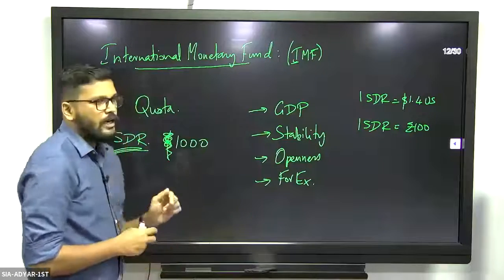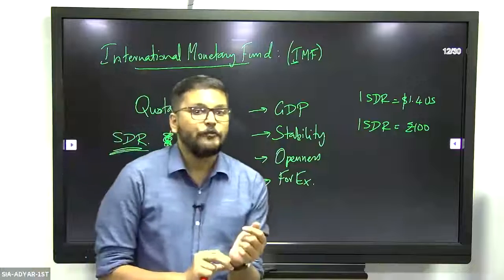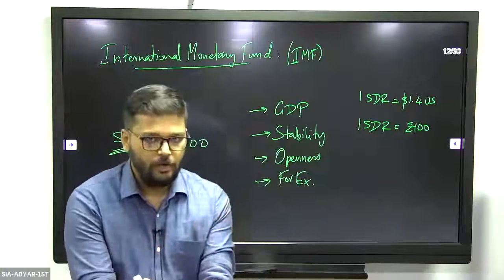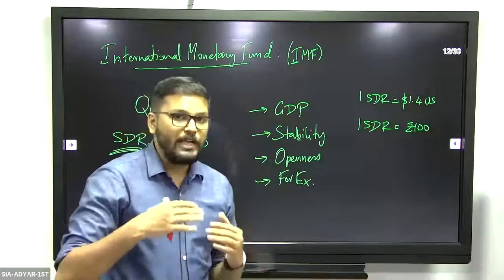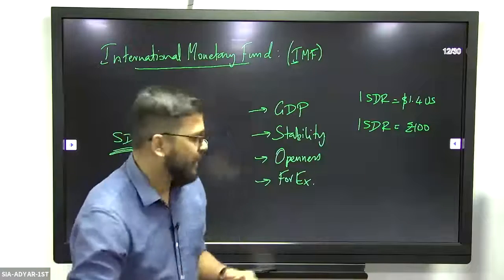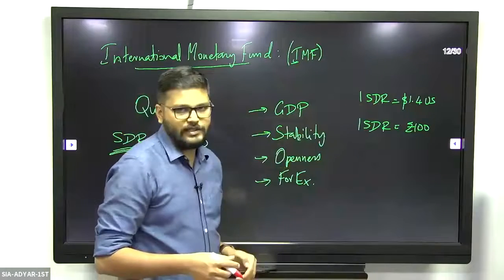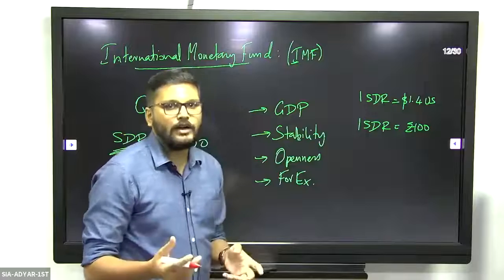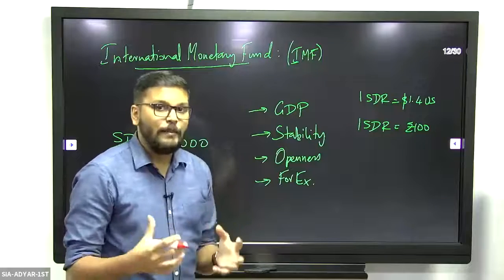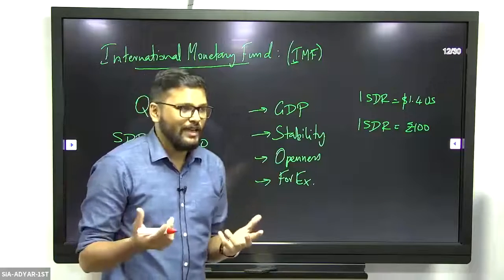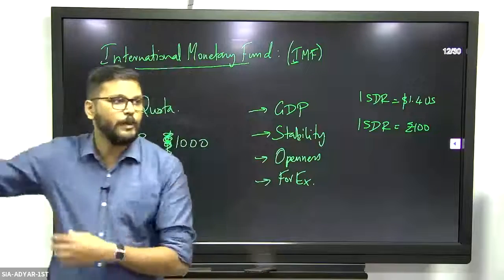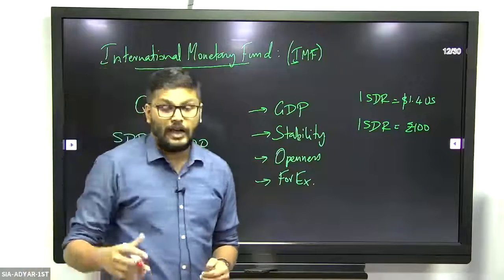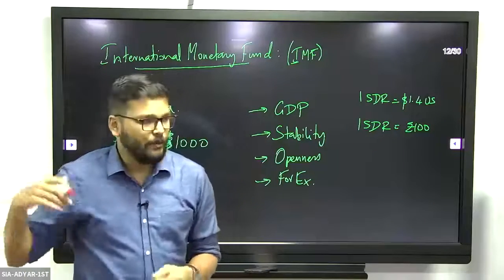So here the IMF says you have to give your quota in terms of SDRs. But if IMF asks its entire SDR in the form of foreign currency itself, then the member countries may not be able to pay, because a huge part of their forex reserves will have to be paid as quota to the IMF.